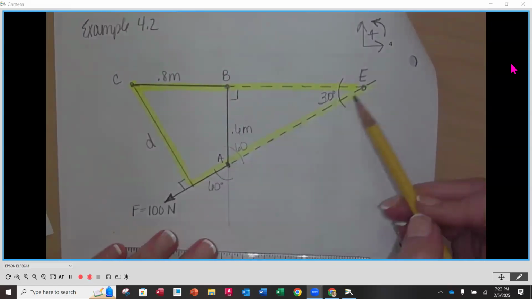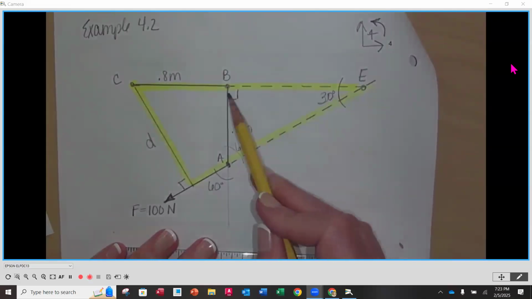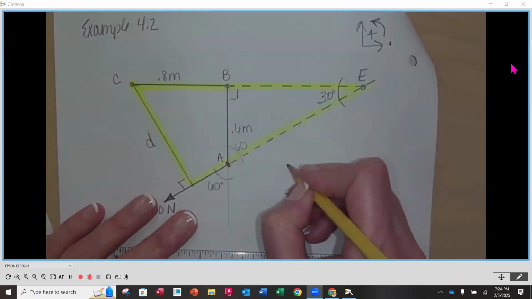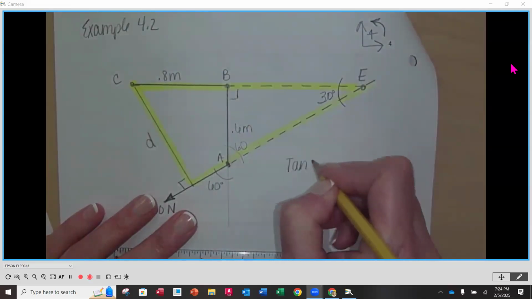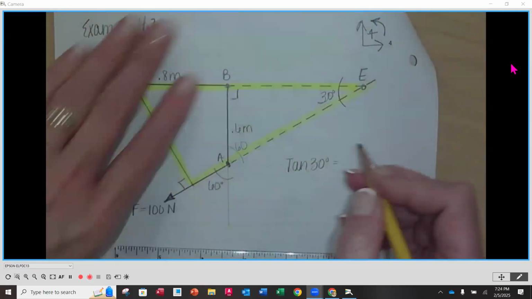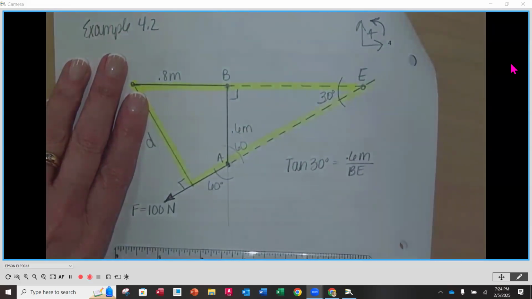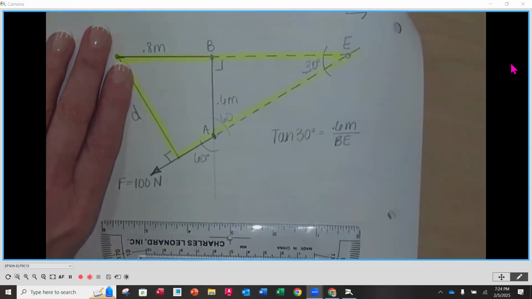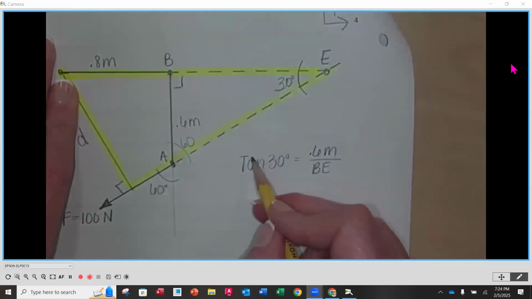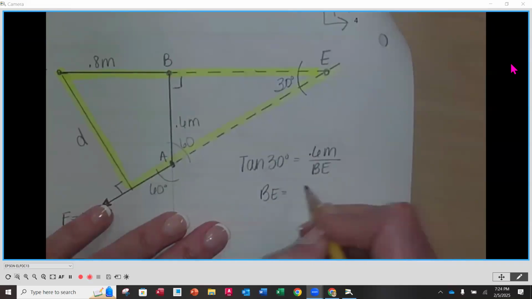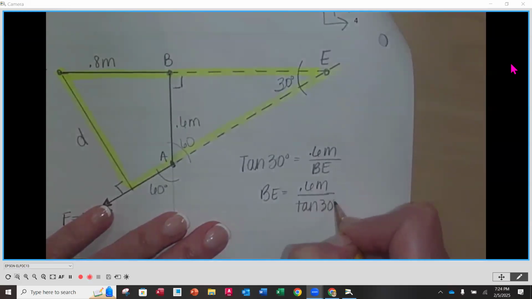The hypotenuse is here. We want to find BE, and we know the side opposite. So we can say that tangent of 30 degrees is equal to the side opposite, 0.6 meters, divided by BE. Solving for BE, I multiply it up here, and the tangent 30 comes underneath. So rearranging, BE is going to be 0.6 meters divided by tan of 30 degrees.